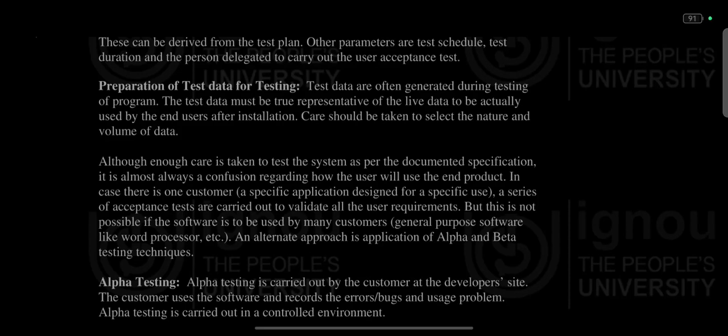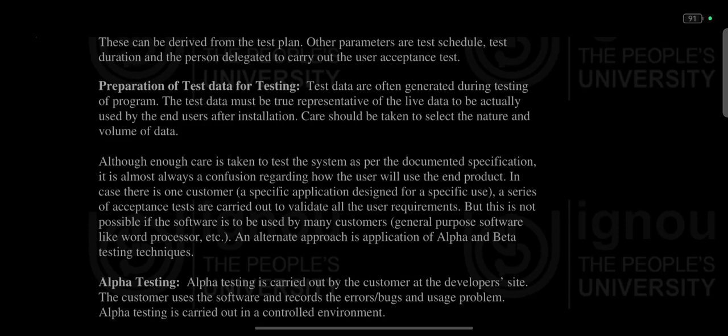Although enough care is taken to test the system as per the documented specification, there is almost always confusion regarding how the user will use the end product. In case there is one customer, a specific application designed for a specific use, a series of acceptance tests are carried out to validate all the user requirements.